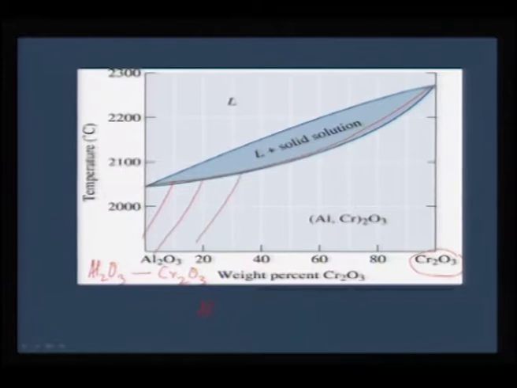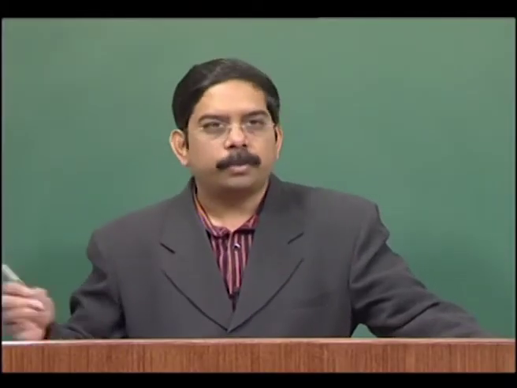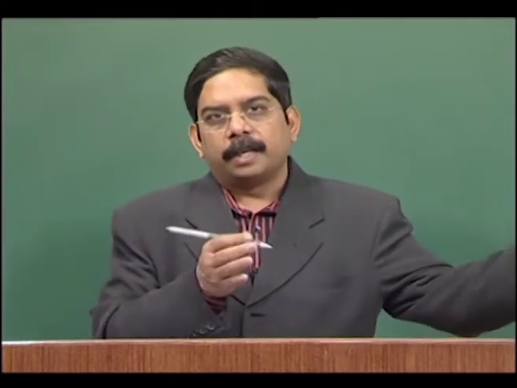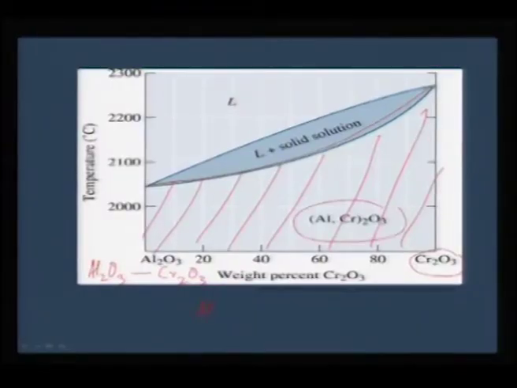Therefore, below this liquidous curve I actually have a very free hand to dope any amount of chromium into Al2O3. So, if I have a good precursor or if I know how to start with a proper choice of my starting material, then it is possible for me to dope any amount of chromium into alumina, because they both form the solid solution over the entire range.